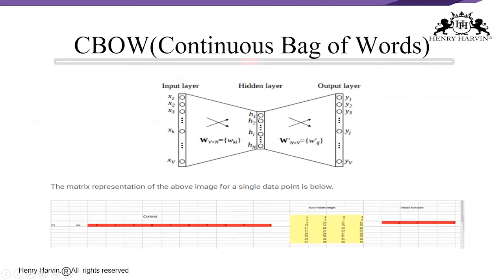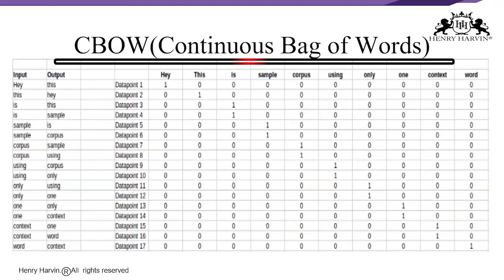So what's happening here now? The target for a single data point, say for example this one, in case I write it for this one, I'm getting 0, and for sample alone, this is what we get for each and every case.